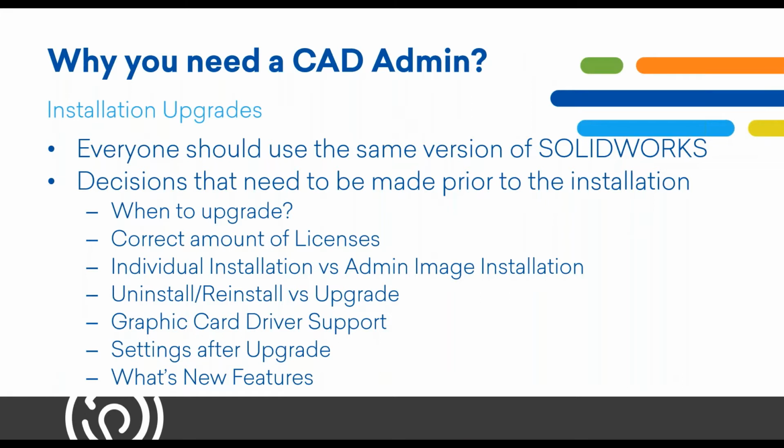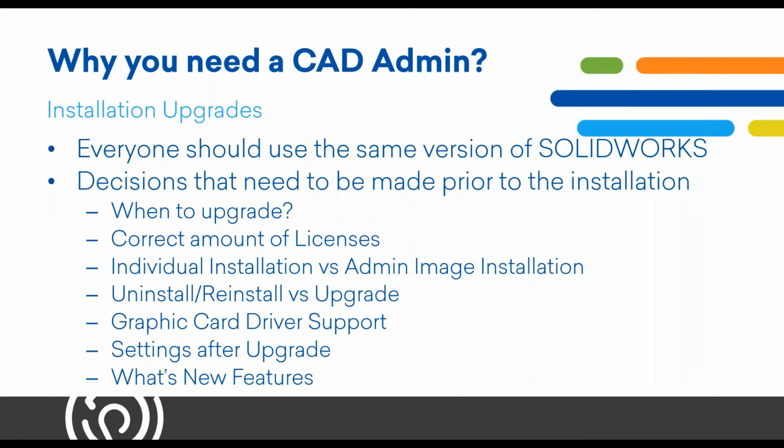So again, going back to why we need a CAD admin, one of the points that we mentioned was installations and upgrades. Everybody should be on the same version of SolidWorks, right? The reason is that if you're on SolidWorks 2020 but your colleague is on 2019, they're not going to be able to access your files, because SolidWorks 2020 files can't be opened in 2019 so that they can be modified and changed.